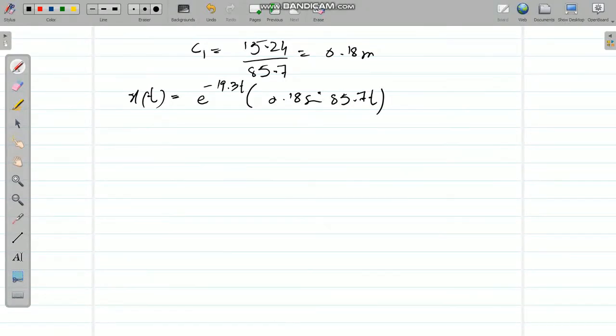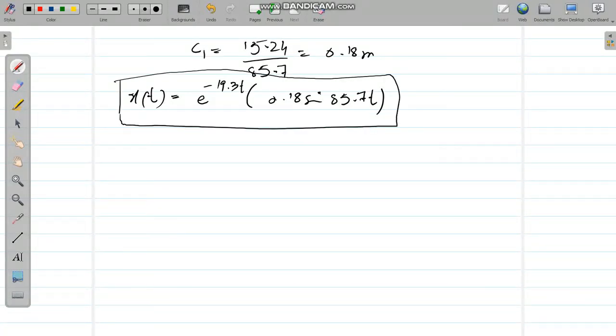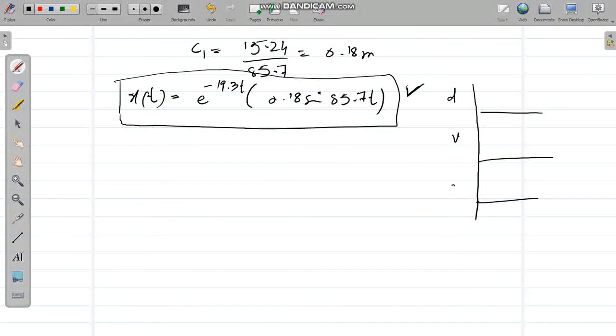Now we are interested in finding the maximum displacement. This is the final solution of our system. If you remember from the first lecture, we have three terms to measure the vibration: displacement, velocity, and acceleration.